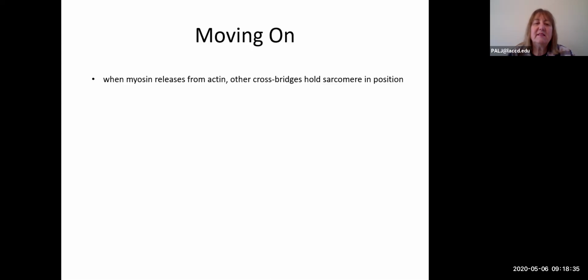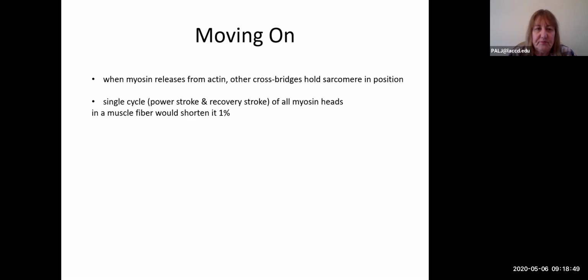So when myosin is released from the actin, that's only happening to that one myosin head. All the myosin heads are not being released simultaneously because each one has its own timing as to when it formed the cross bridge. Okay. And so if all the myosin heads would have their cycle, their power stroke and their recovery stroke, all at the exact same time, then the muscle fiber would shorten 1%.